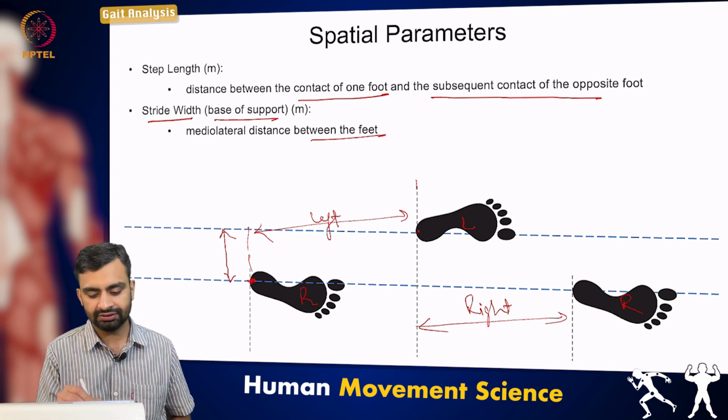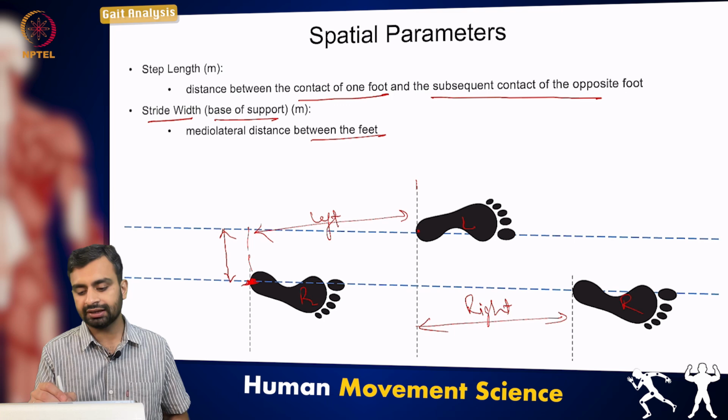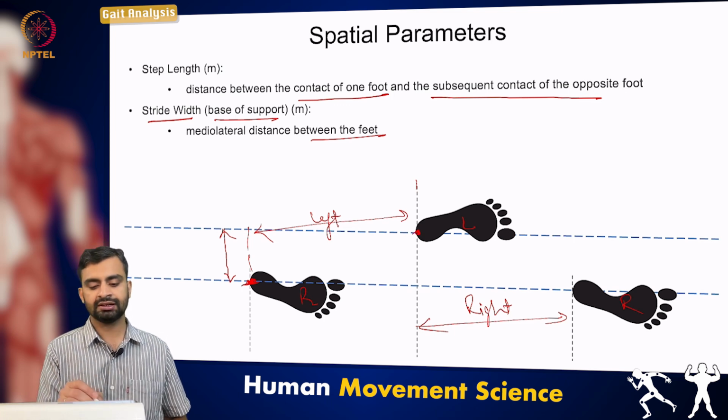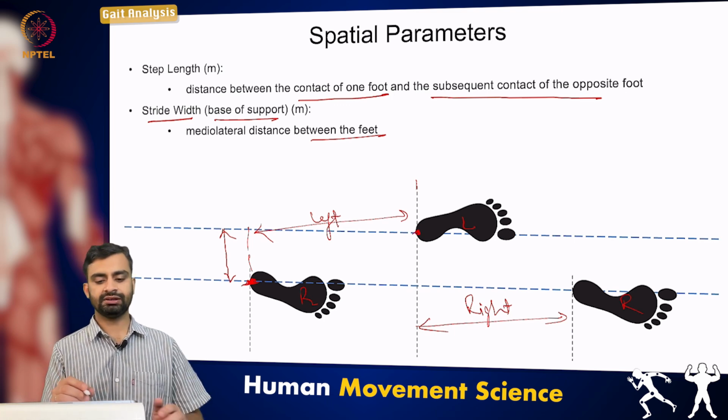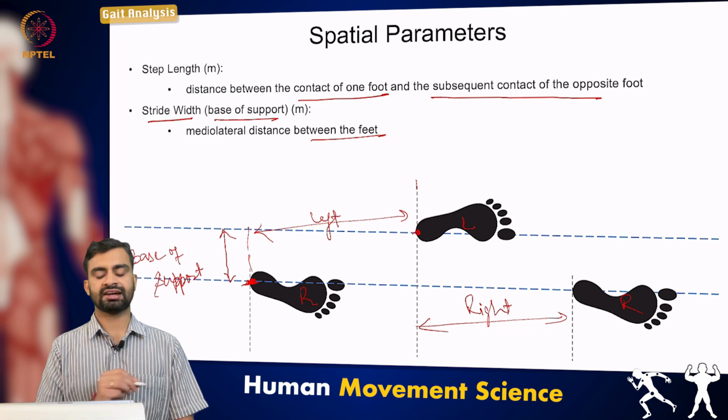For example, if I see a horizontal line passing from the heel of the right foot and the heel of the left foot, the medial lateral distance between both left and right is known as base of support or stride width.